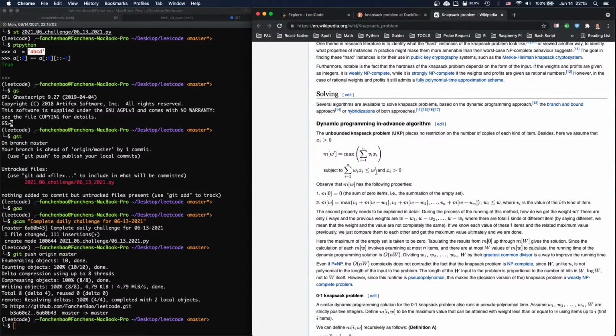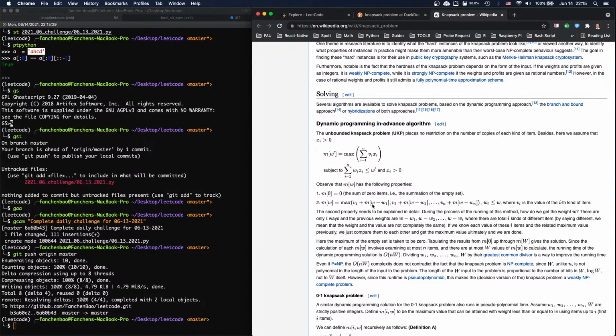What's W? The sum of 0 items, the sum of the empty set. A_i is the value of the ith item, to be explained during the process of the running. W is the weight.